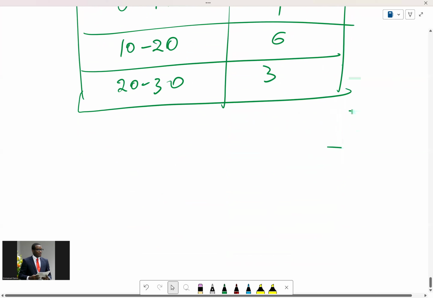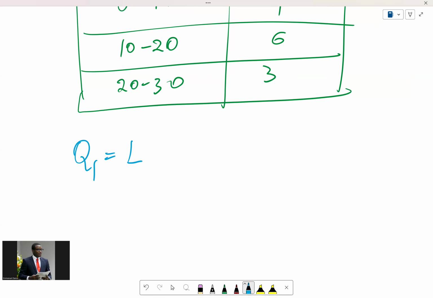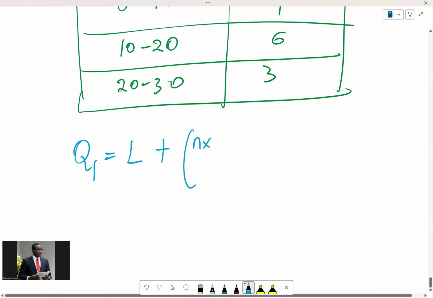So in this case, Q1 would simply be the lower boundary of the first quartile class, which we are going to compute, plus n times 1 over 4, because first quartile is 1 over 4, minus the cumulative frequency before that class, multiplied by the class width divided by the frequency of the first quartile class.